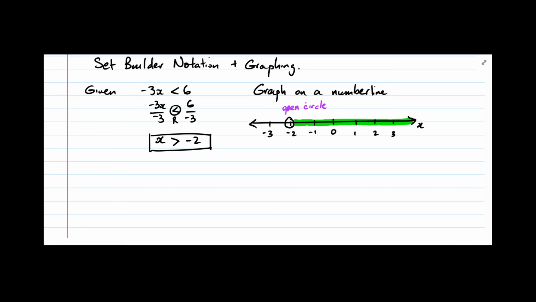Some of the solutions could have been, say, negative 1.99, right? Not the nicest number maybe to deal with, but if we checked that in our solution, negative 1.99 is greater than negative 2.